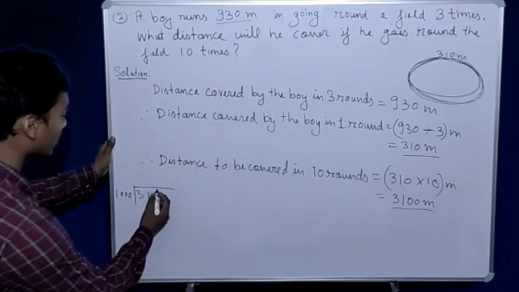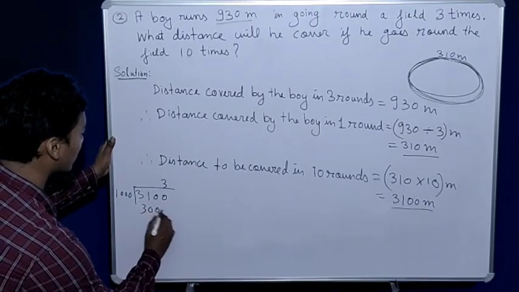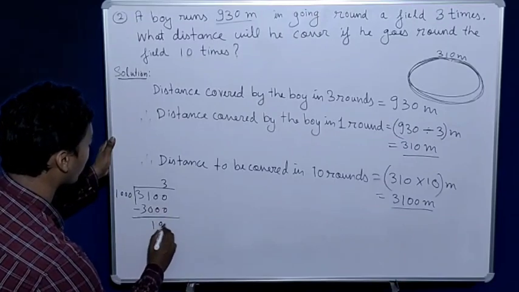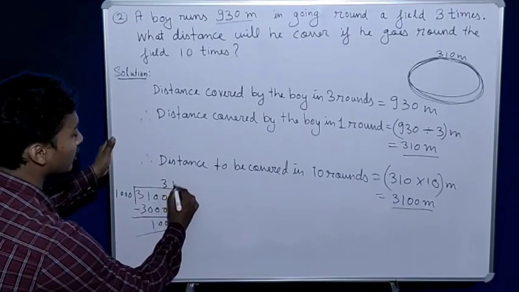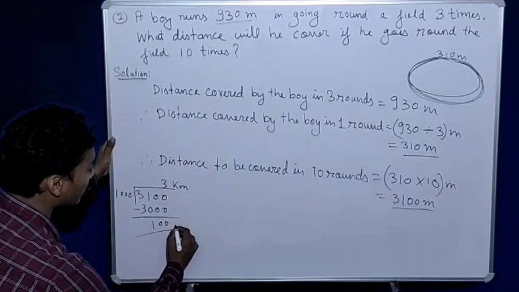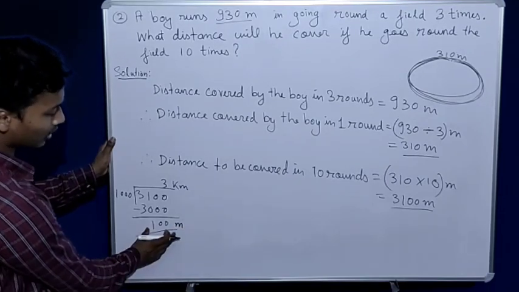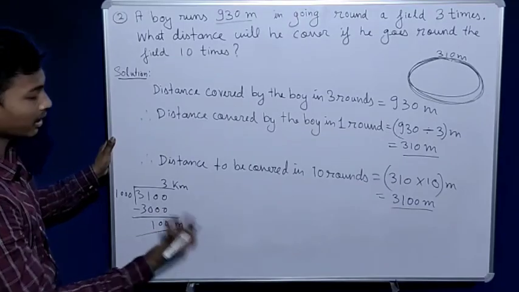So 1000 3 times will give us 3000. If we subtract, we are left with 100 as the remainder. So the quotient will function as the kilometer part and the remainder will function as the meter part. Because it requires 1000 meter to become a kilometer, we leave 100 meter as it is.